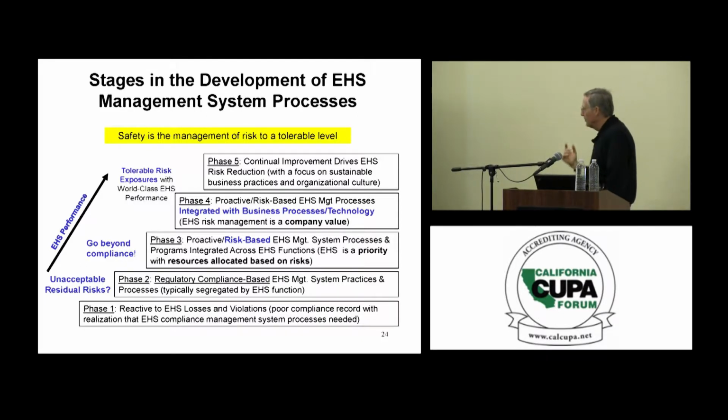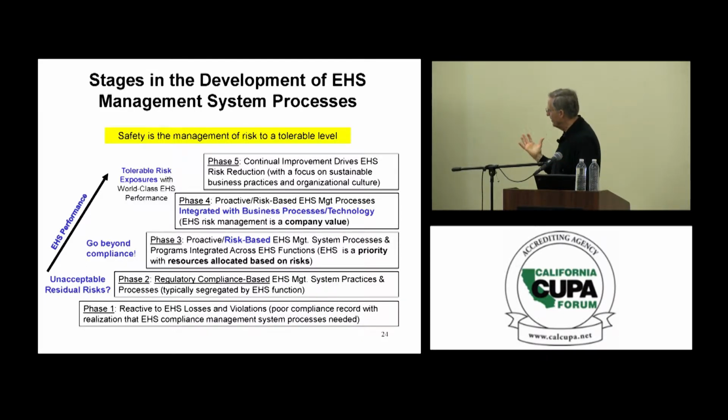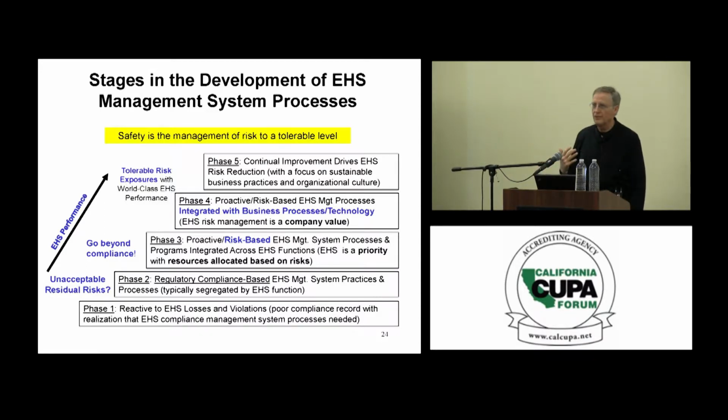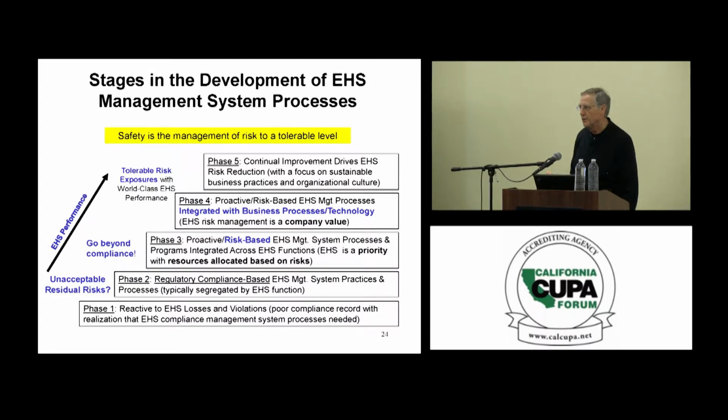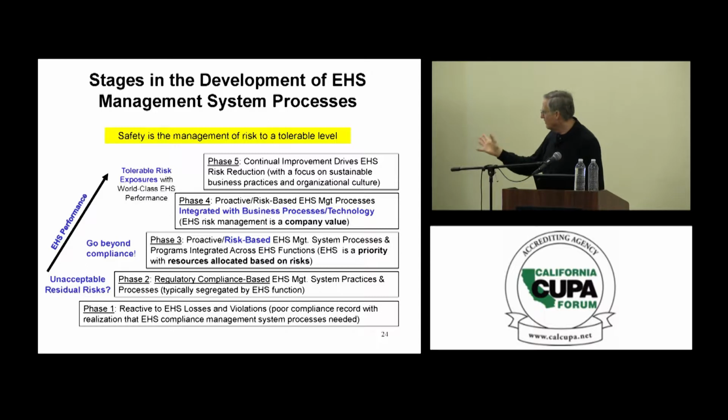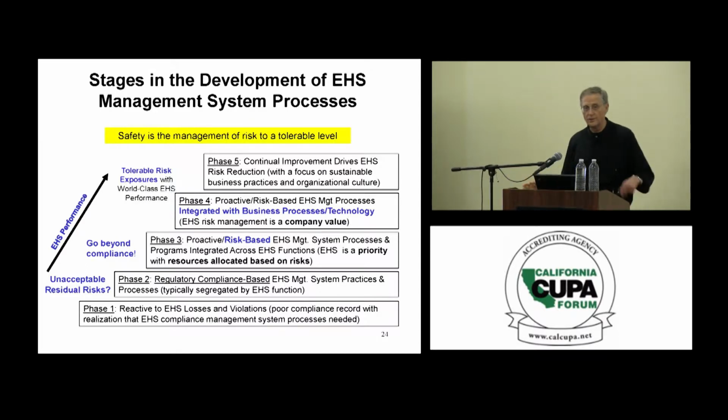Now, this is for those of you who are in the private sector and how you manage risk. And I often talk about the 5 steps going from basically trying to respond to violations and poor performance to a regulatory-driven process, to the third one being phase 3, a risk-based approach.